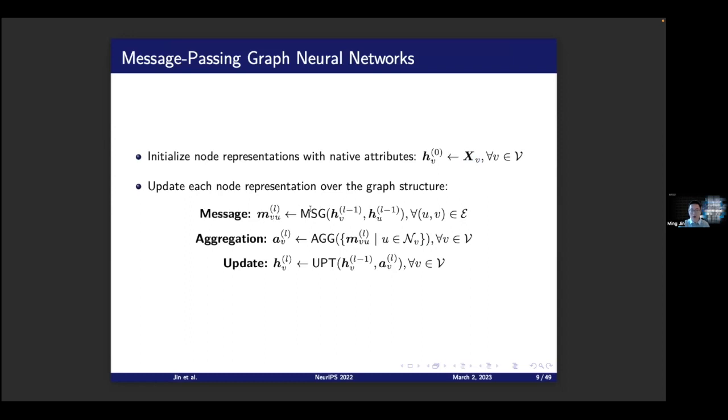With the message function, we use the node representations from the last layer of the source node and the direct neighbor to calculate the message. Then, for each of the neighbors of the source node V, we aggregate the calculated messages together with the aggregation function. And then we update the embedding of the source node V in the current layer by using the aggregated message and the information in the last layer. So this is the very straightforward idea of the message passing graph neural network.